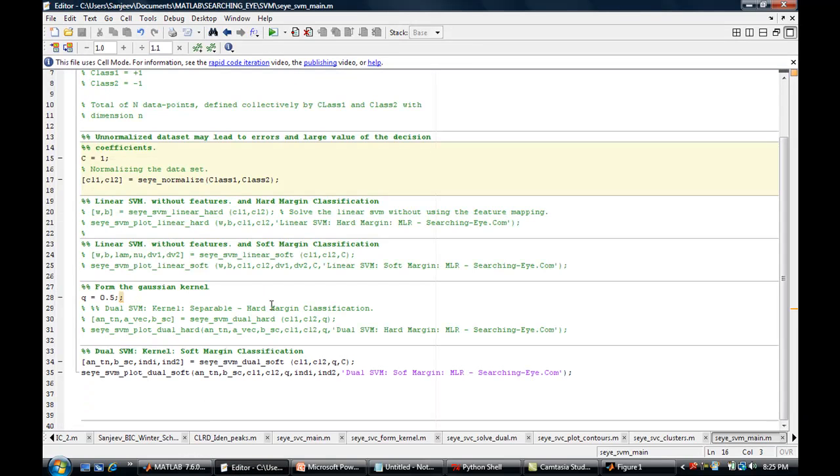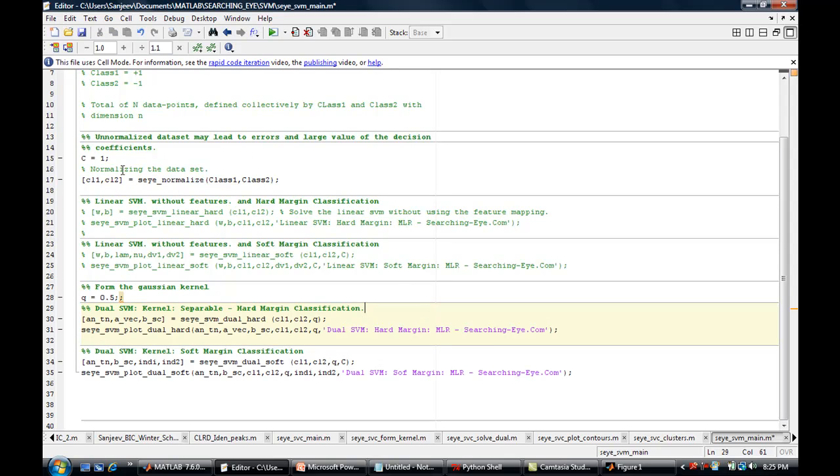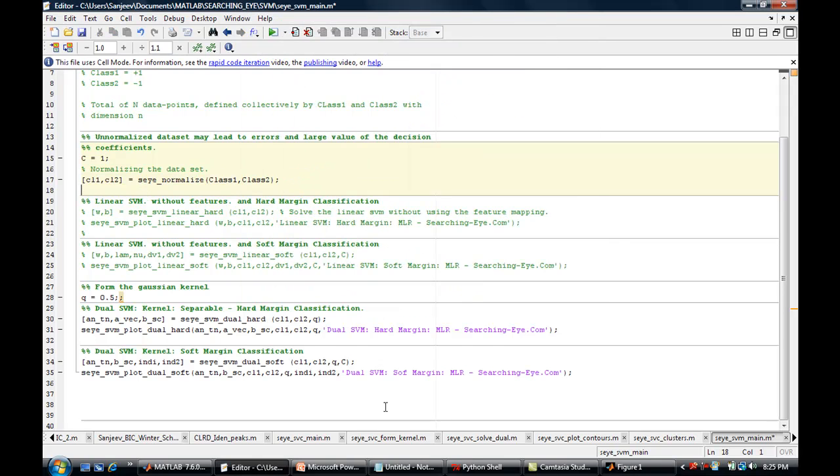So I'm enabling the hard margin SVM as well. So the first step is to normalize the data set. So this function will normalize the data set. As we can see, the scale is from negative 20 to 20, and after normalizing the scale will change.